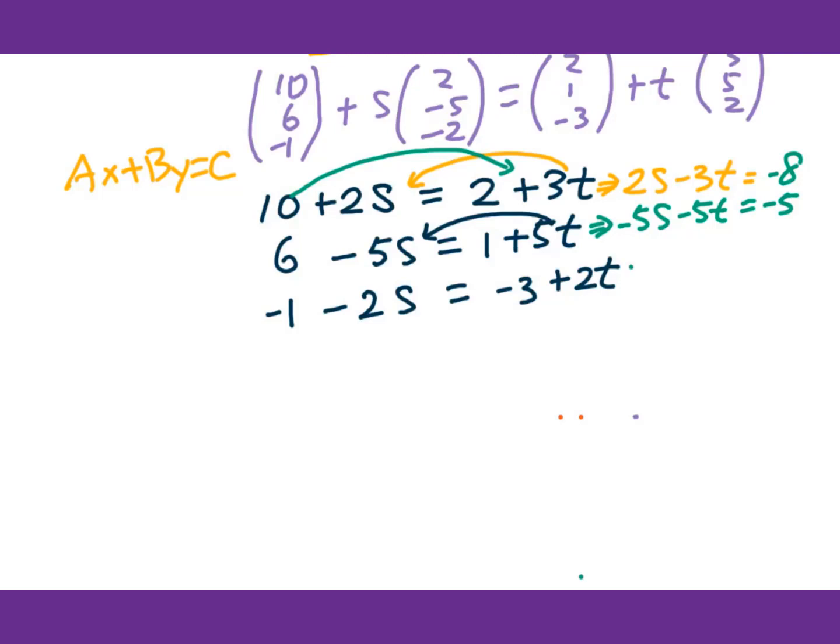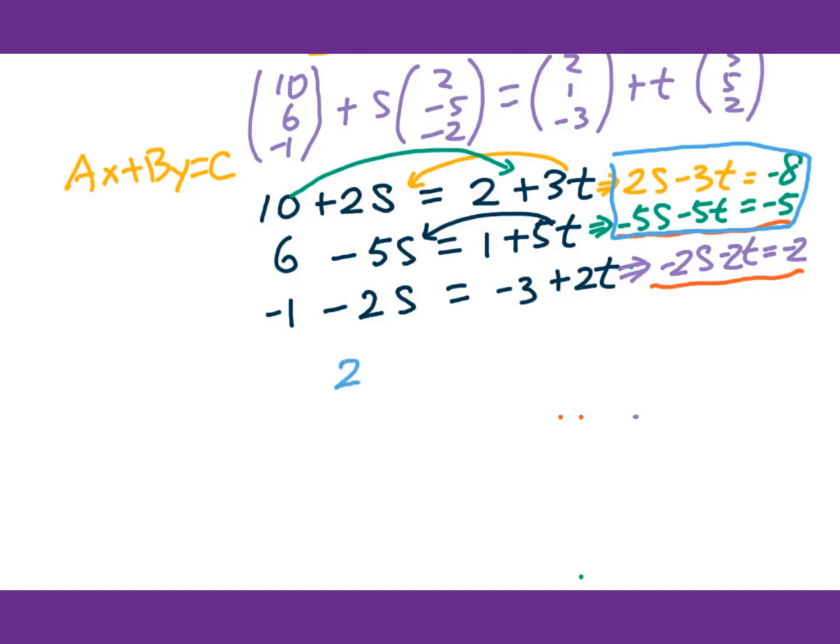For the third equation, you will get negative 2s minus 2t equals negative 2. You could say these two are the same. Therefore, just choose the first two to solve.